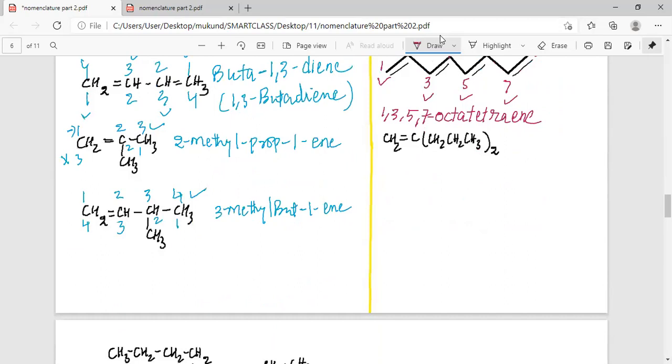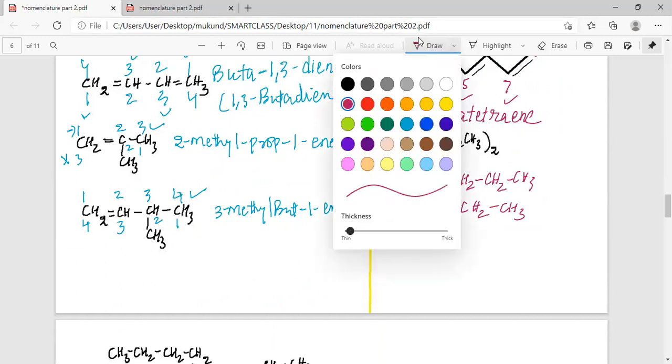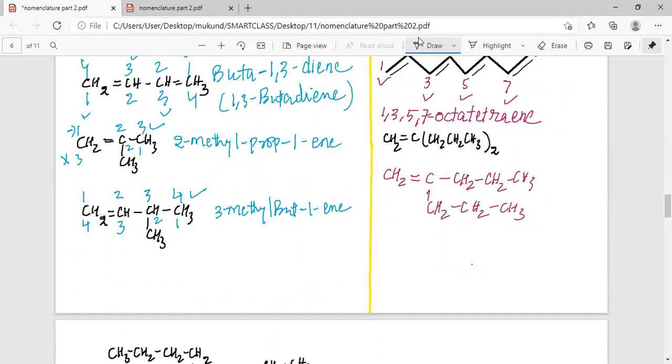Now let's look at this particular compound, my dear students. If we write it this way, CH2 double bond C, then we have CH2, CH2, CH3, and we may even have CH2, CH2, CH3. Now if we consider this, you know the double bond should get the lowest number, so it should be 1, 2. Then 3, 4 and 5. We can even write 3, 4 and 5.